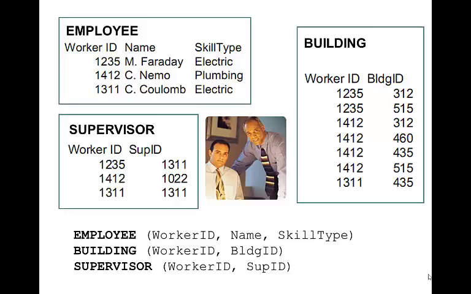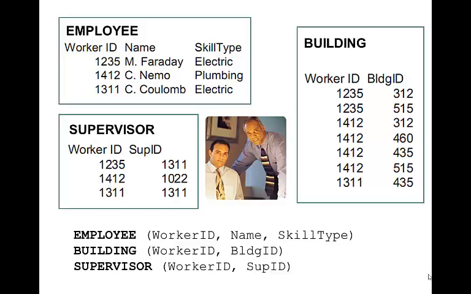As we can see, some tables share common fields. An employee is uniquely identified by their worker ID. The other two tables also contain columns called worker ID, because a worker works in a building. In fact, a worker could work in many buildings. You can see worker 412, who is Nemo, who's good at plumbing.